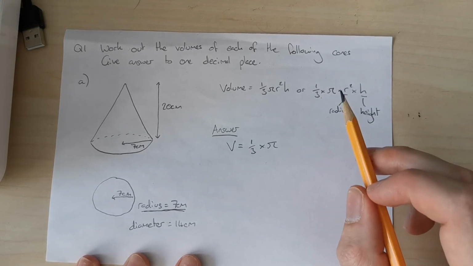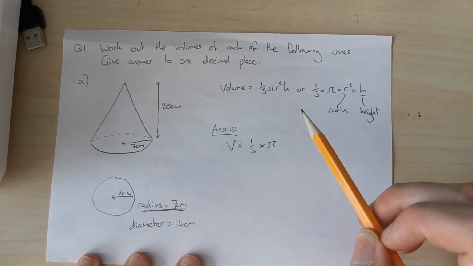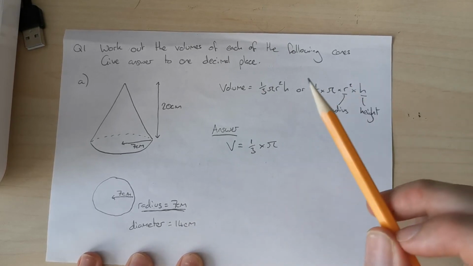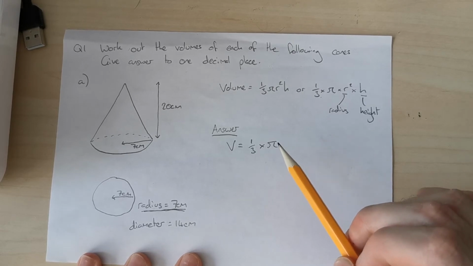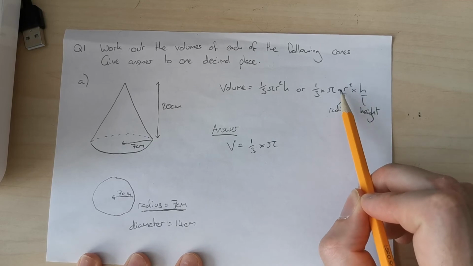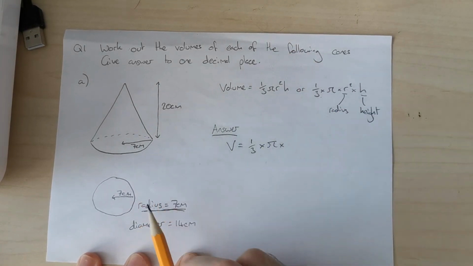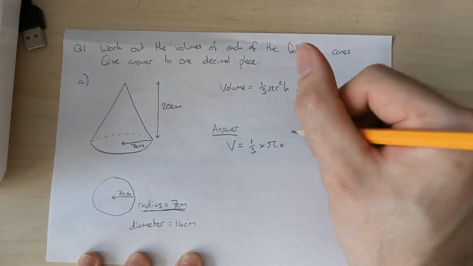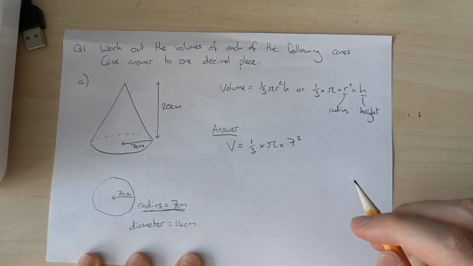The reason pi is involved is because we've got a circle in our rule. Whenever circles are involved with area and volume, you'll no doubt see the pi symbol, and our calculator has pi on it, so we're good to go. Then we've got times r squared, and remember, for us r is equal to 7 centimeters. So instead of r squared, I'm going to put 7 squared.